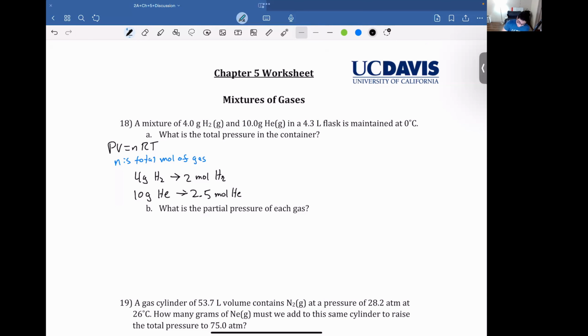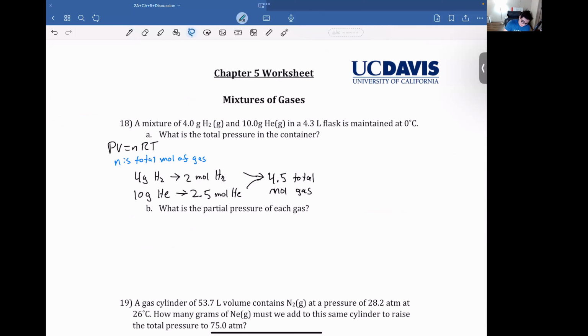So we add these up. There are 4.5 total moles of gas.